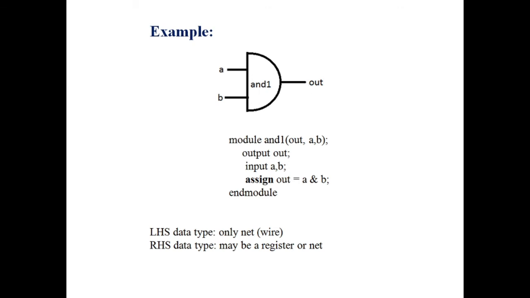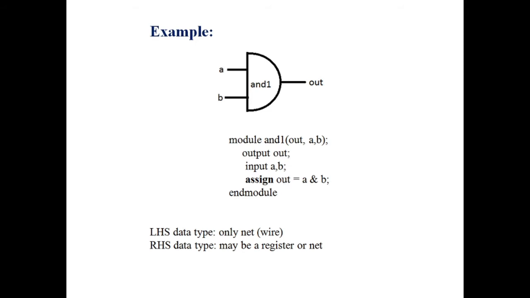That means continuous assignments are used here to drive a value onto a net. So this equal to is driving a value onto this output variable out. From this expression I am getting some value, and this is being given to my output out net.